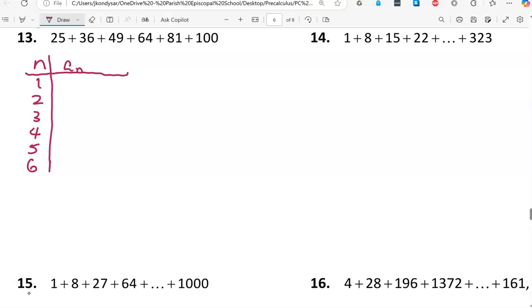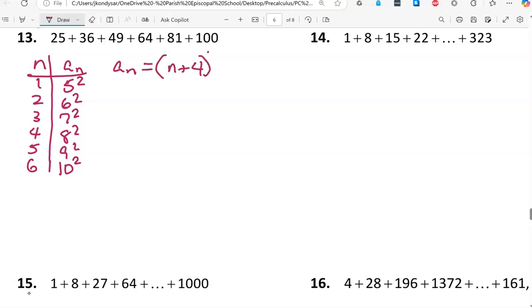And the value of the term a sub n would be 5 squared, 6 squared, 7 squared, 8 squared, 9 squared, and 10 squared for each term. And so in those cases, what we'll notice is that each term is 4 more than the number of the term, squared. So that would give us an a sub n equal to n plus 4, the quantity squared. And so this would be the summation as n goes from 1 to 6 of n plus 4 squared.